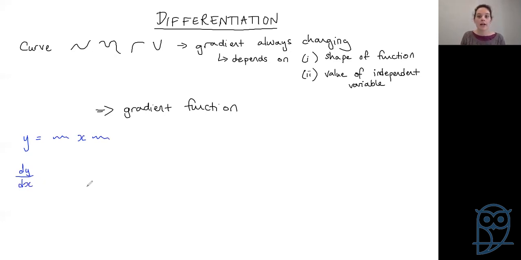This is our gradient function. If we then differentiate a second time, we get our second derivative, d2y by dx squared. Remember, we're covering the entirety of differentiation here in a revision summary. So if we're using y equals terminology, then our notation is dy by dx, and the second derivative is d2y by dx squared.